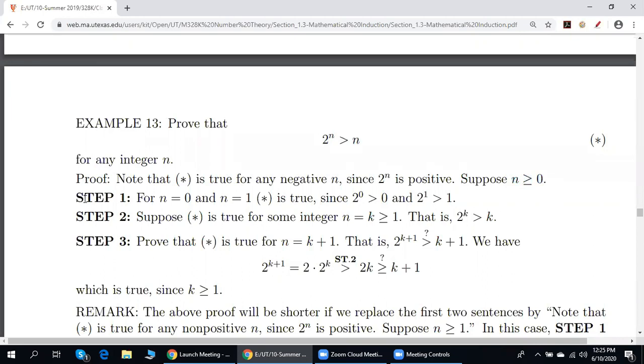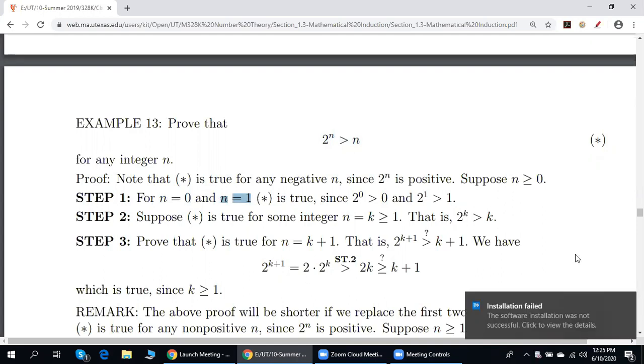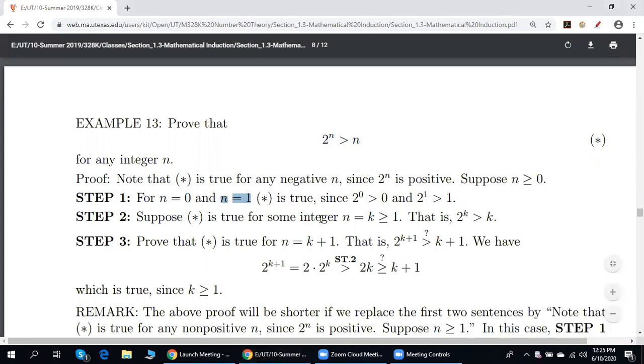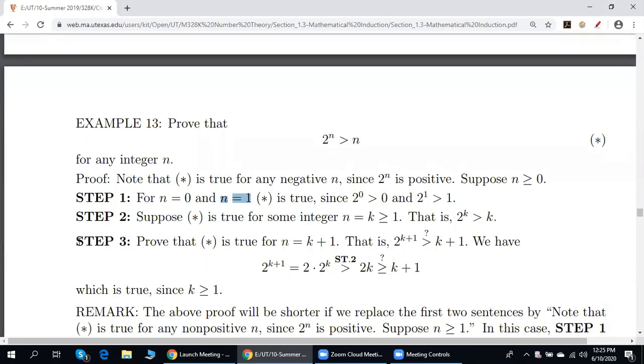For the first time, we have to show that this is true for two values of n. For n is equal to 0 and n is equal to 1. This will be explained in a moment. We will understand it when we discuss step 3.